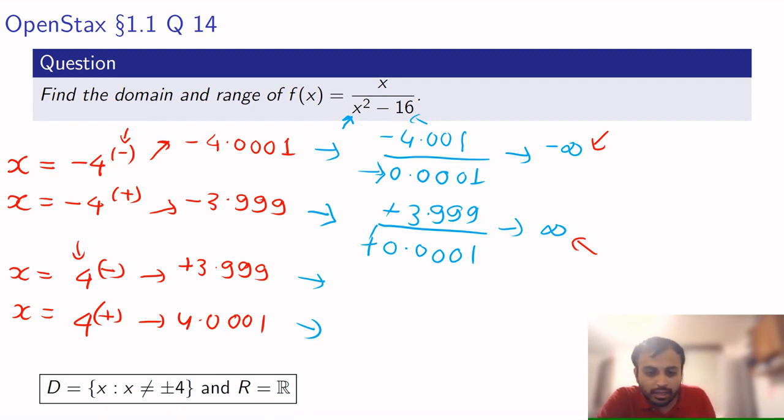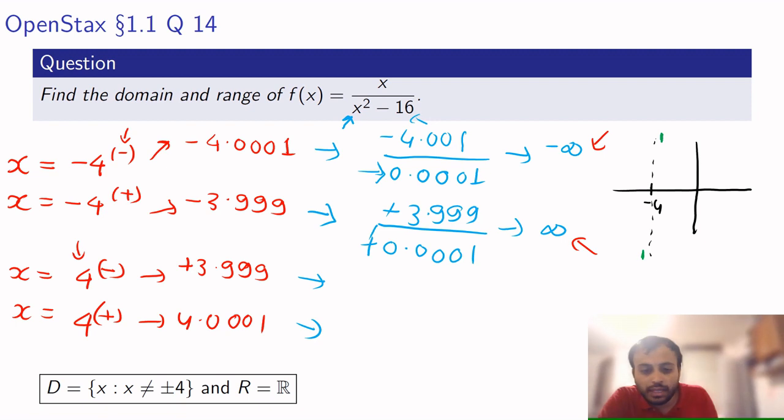So if I just graph it quickly around minus 4, if this is minus 4, then for values which are slightly less than minus 4, you are somewhere around here, and for values which are slightly greater than minus 4, you are somewhere around here.